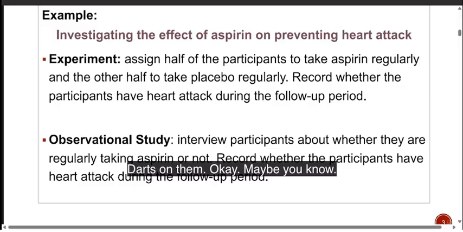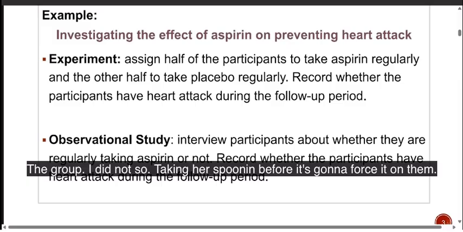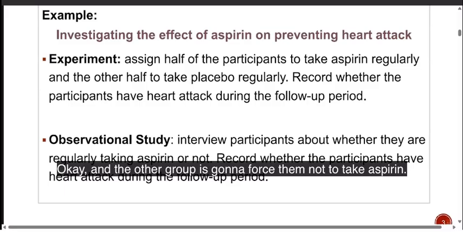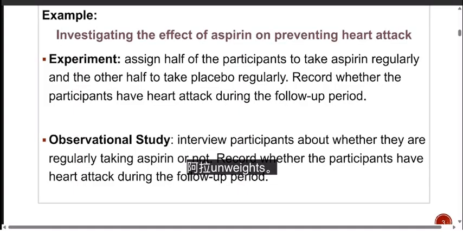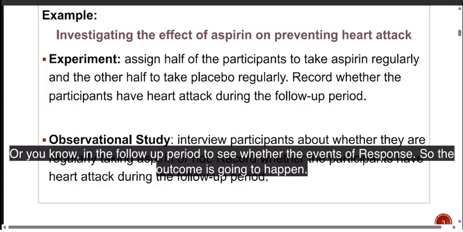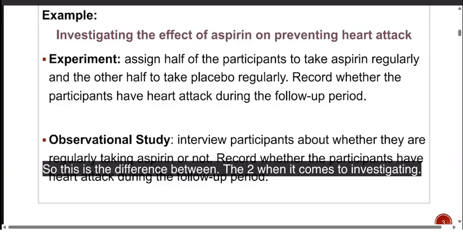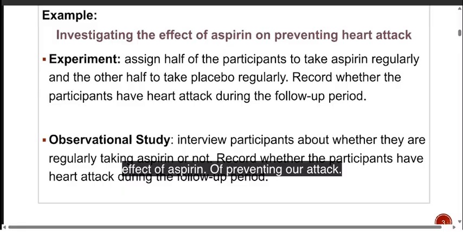Maybe the group that has not taken aspirin before, the experimenter forces it on them, and the other group is forced not to take aspirin, and we wait in the follow-up period to see whether the event or the outcome is going to happen. So this is the difference between the two when it comes to investigating the effect of aspirin on preventing an attack.